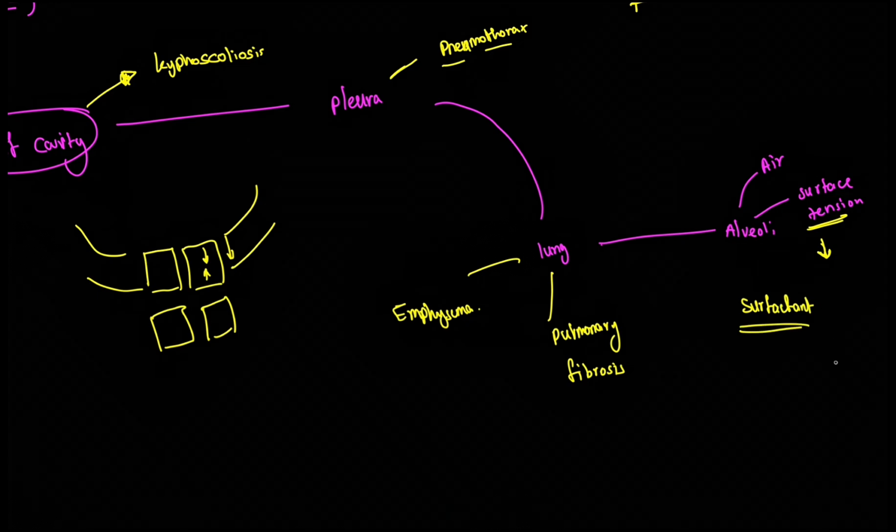If the surfactant is low, then the surface tension inside of the alveoli becomes more. In a normal adult, the surfactant lowers the surface tension many folds.